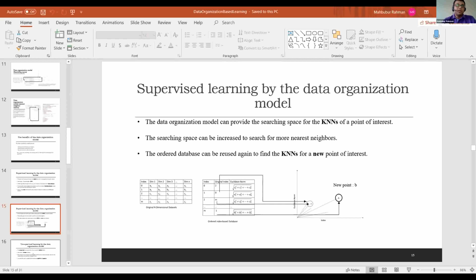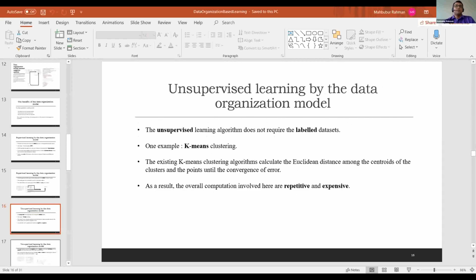Let's see how it can help in unsupervised learning. The unsupervised learning algorithm does not require the labeled data sets. One example is k-means clustering. The existing k-means clustering algorithms calculate the Euclidean distance among the centroids of the clusters and the points until the convergence of error.